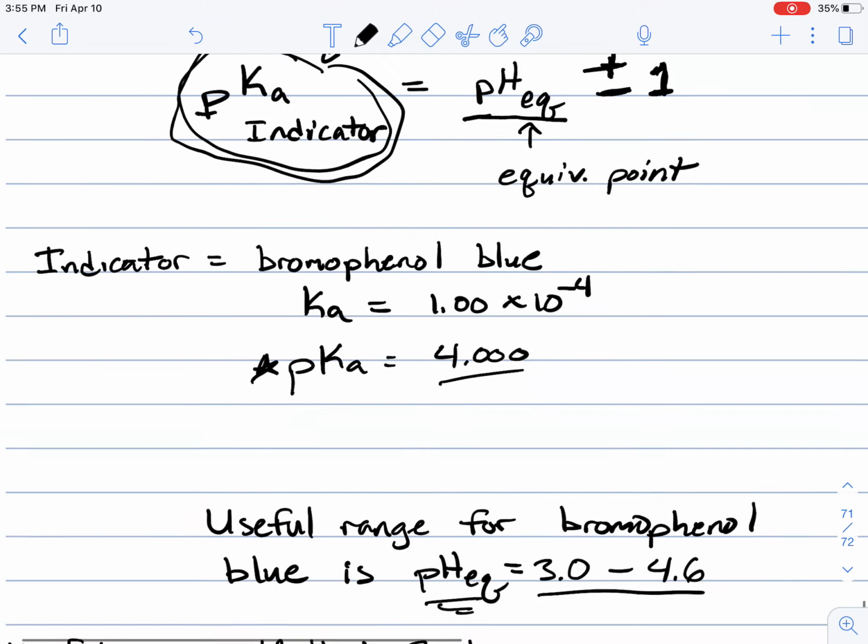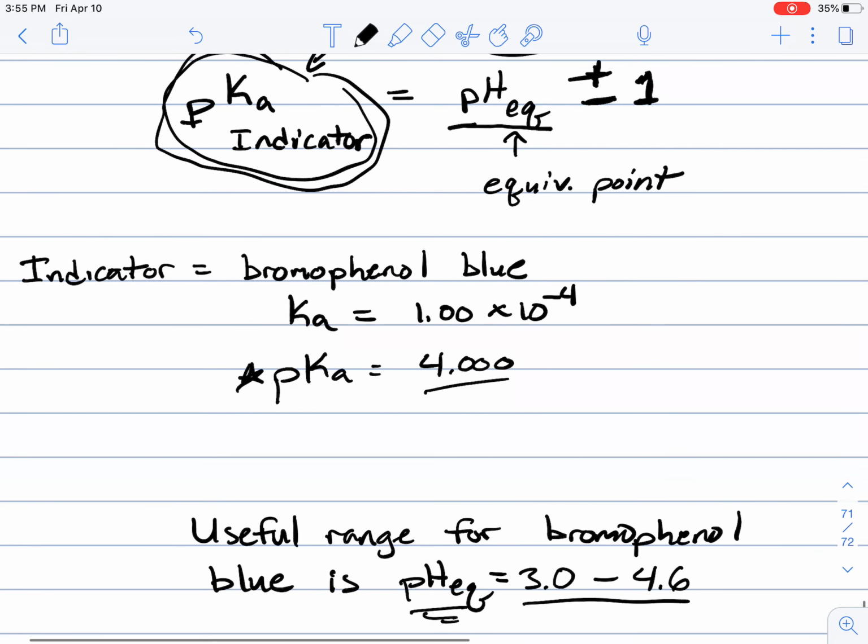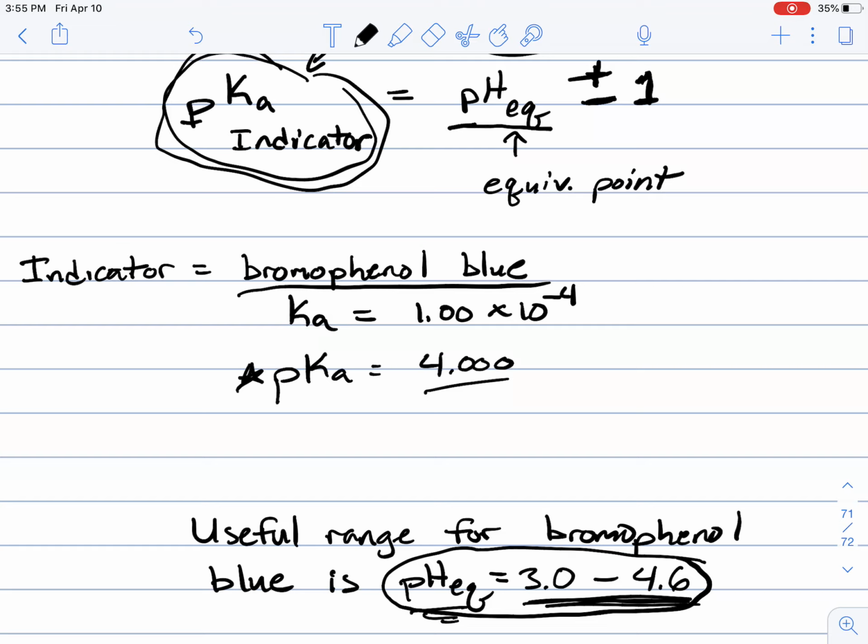Okay? In this case, the useful range for bromophenol blue is between 3.0 and 4.6. So it's not exactly at 5. It's probably because of the fading in the color or some other reason. But what this is telling you is that if your equivalence point has a pH between 3.0 and 4.6, you can use bromophenol blue to signal the endpoint of that titration.